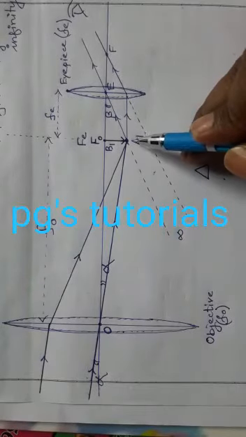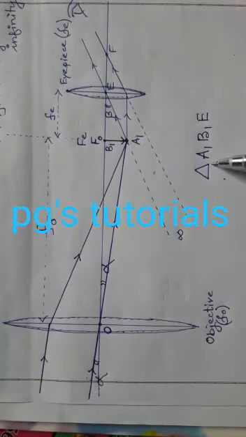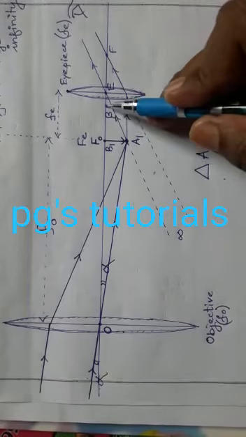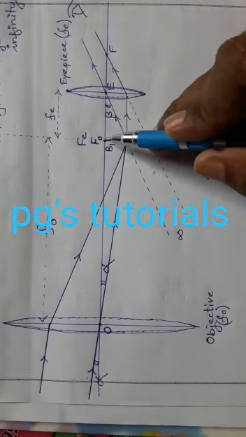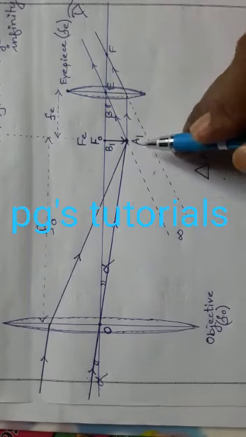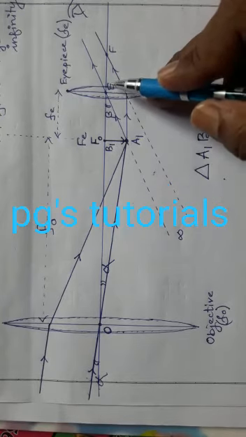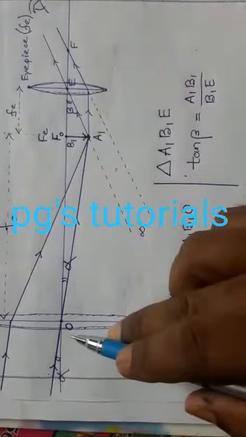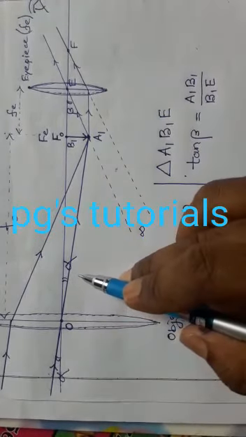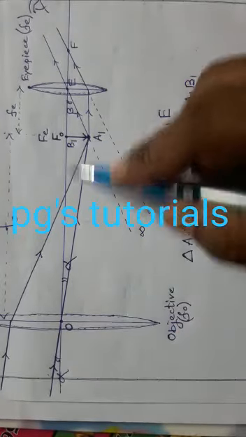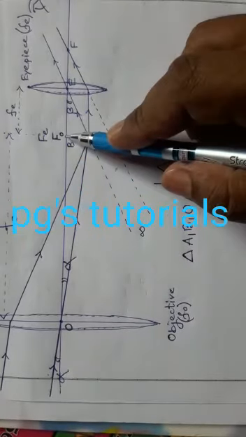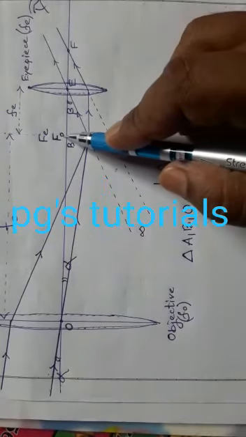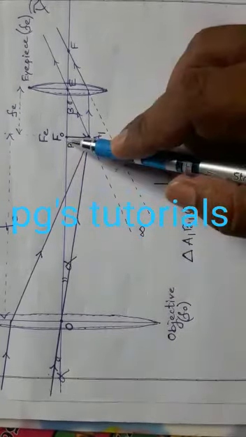From the triangle A1 B1 E, tan beta is perpendicular by base, that is A1 B1 by B1E. From triangle A1 B1 O, we can find tan alpha, which is A1 B1 by OB1, perpendicular by base.